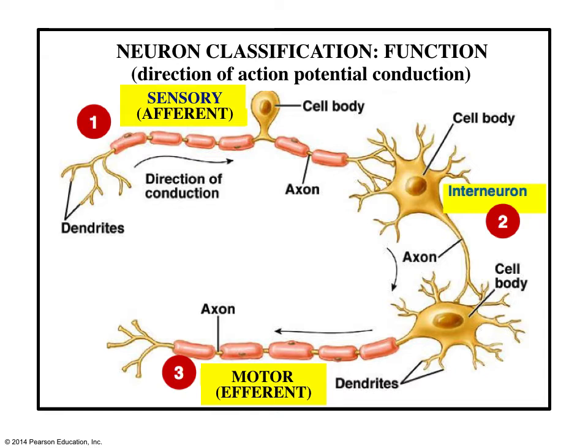Motor or efferent. E for exit, exiting the CNS. Interneurons, as the name describes, are located between sensory and motor neurons. Typically, interneurons are contained or located completely within the central nervous system.